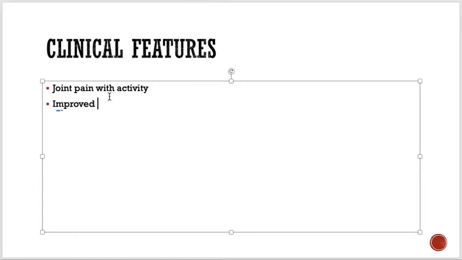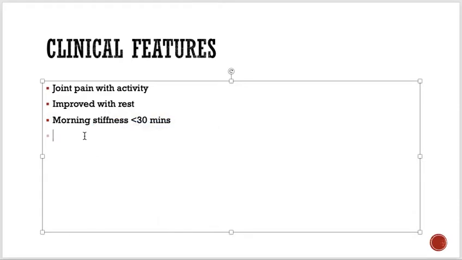And this is improved with rest. Once they rest their joint, they feel relief of pain. Morning stiffness will be there, but it is usually less than 30 minutes, or half an hour. So morning stiffness is not so prolonged.